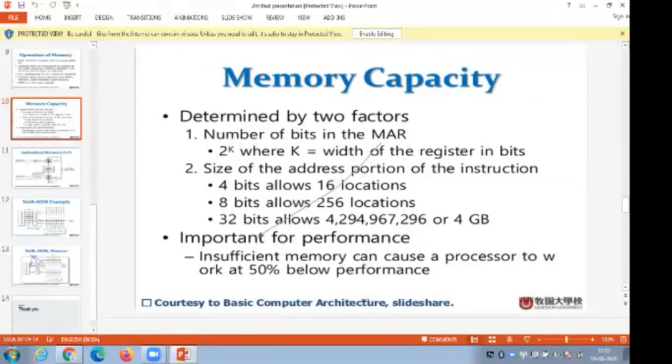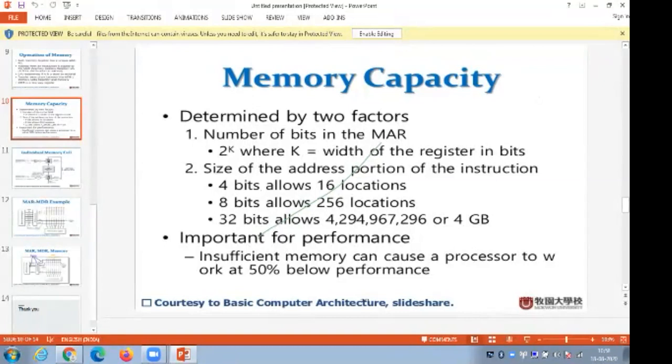Usually it is called a bit. A bit may contain 0 and 1. Usually it is a binary digit, so it contains 0 and 1. It is the simplest possible unit in the memory. To calculate the number of locations, we take k as the width of the register in bits, and the number is 2 to the power of k.